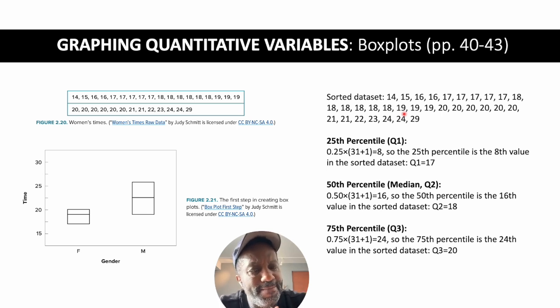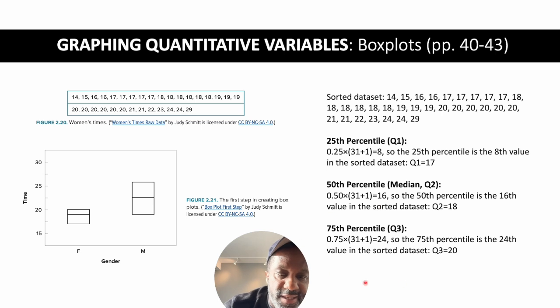Sometimes you have to make a decision. And here I counted 16, and the 16th number was 19, but it could have also been 18. When the numbers are so close as between 18 and 19, it's pretty negligible which number you choose.